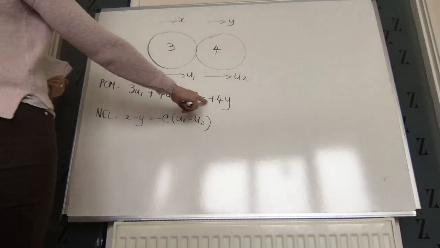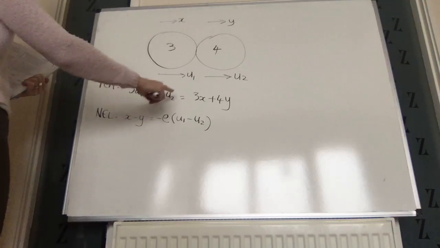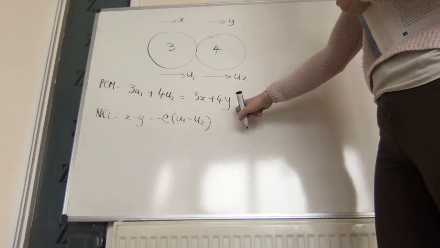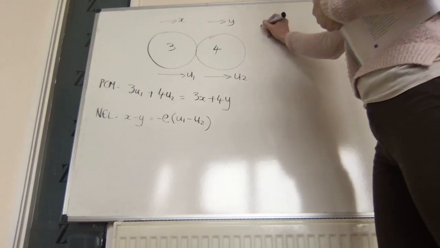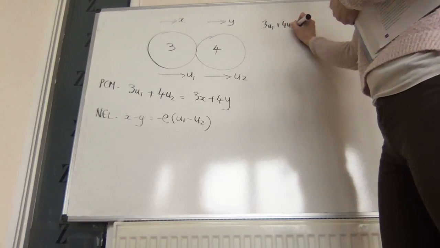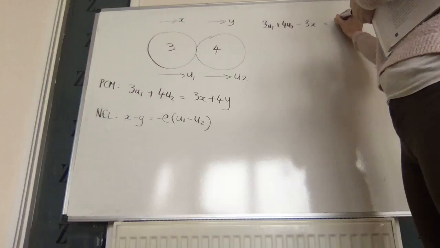If we look at what y is here, that's the easiest way to do it, I think. So 3u1 plus 4u2 minus 3x is equal to 4y.